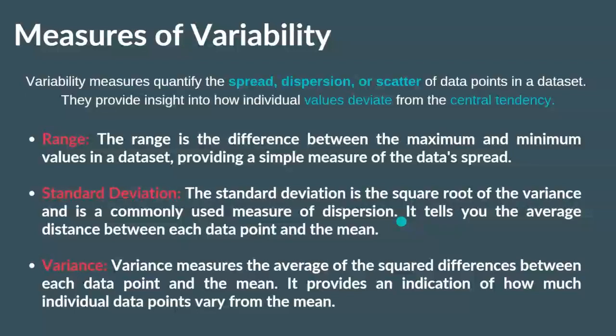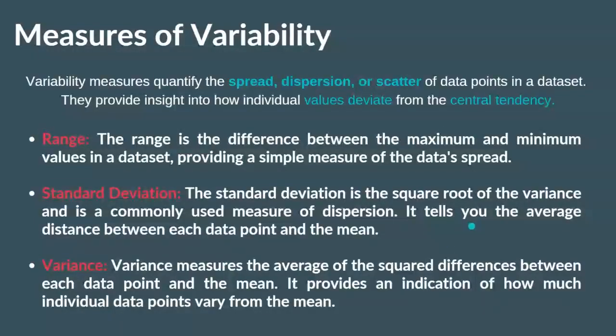But what the standard deviation does, and this is what you must remember, is that it gives you the average distance between each data point and the mean in the middle, so from the average. This is in a normally distributed set of data, where the standard deviation on each side of the mean goes off symmetrically.